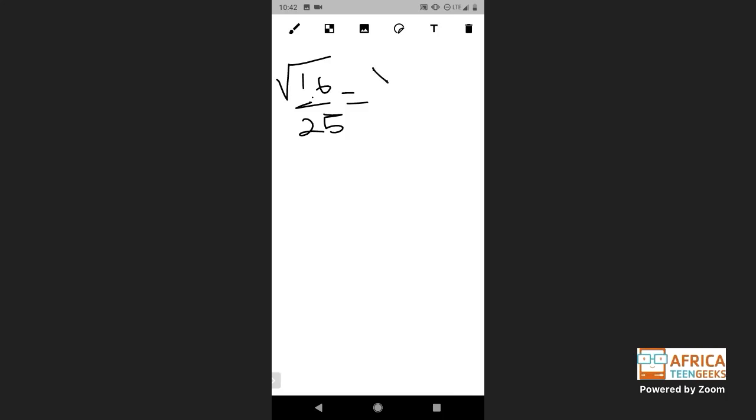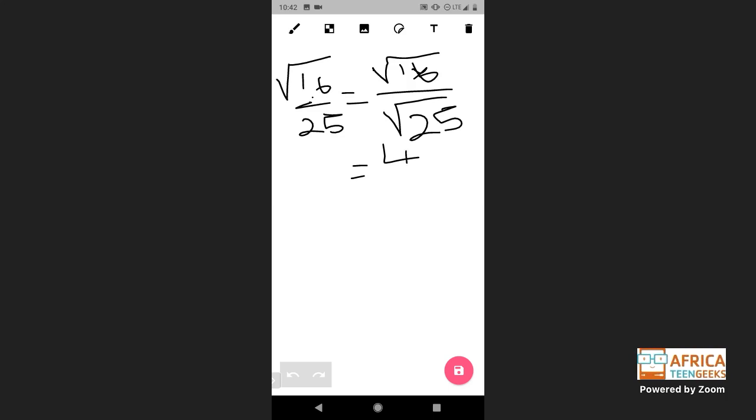So now let's do our fractions. We must find the square root of 16 over, and then we must also find the square root of 25. And then our answer is 4 over 5, because the square root of 25 is actually 5, right?